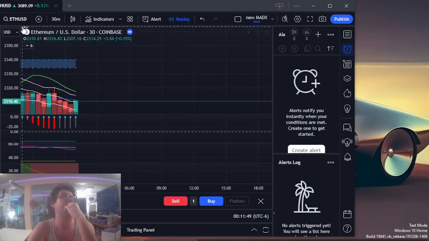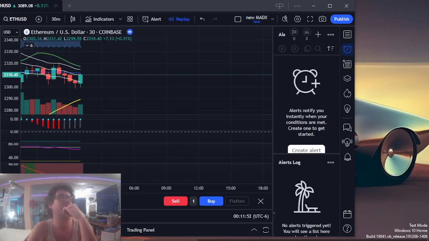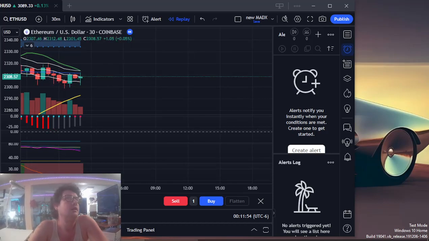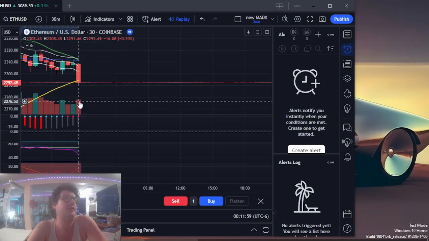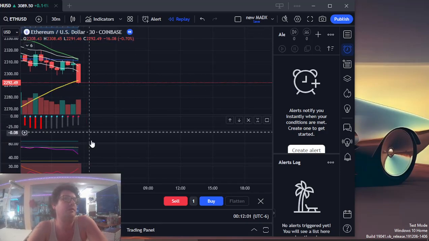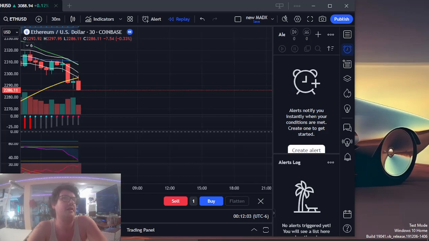None of these were touching the middle line. Well, that one was, but the wick disqualified it. Alright. Increasing volume, but the wrong direction oscillator.